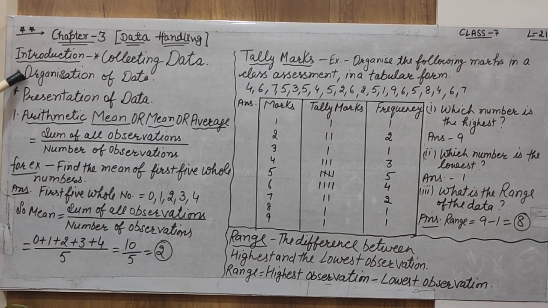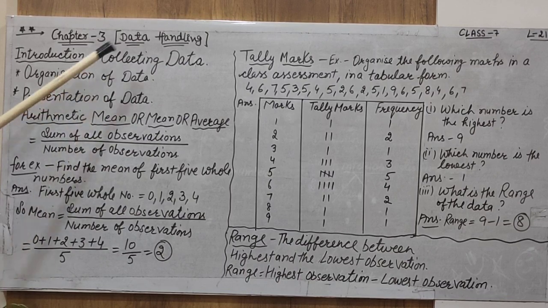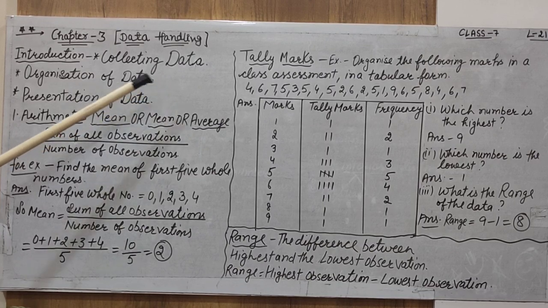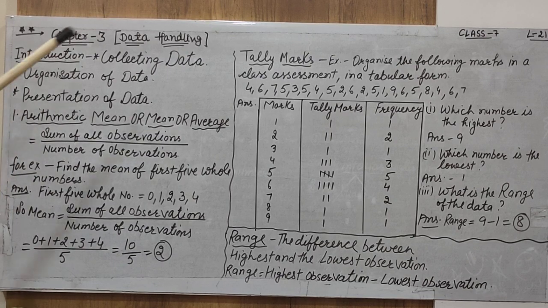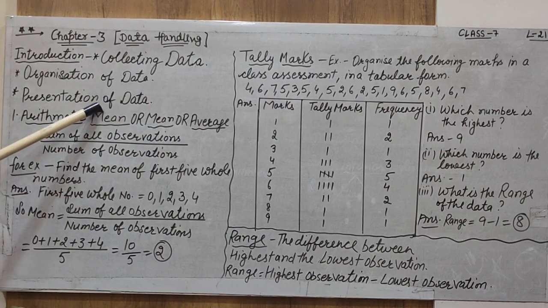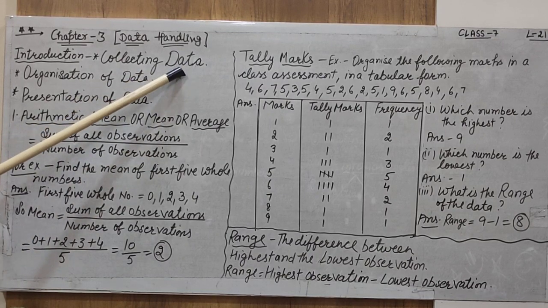Next is the organization of the data. Organization means you have to place the data in ascending order or descending order, or with tally marks, or in the form of a graph as well. Next is the presentation of the data. Data presentation means when you collect the data and observe it, you decide what we have to find out from the given data.